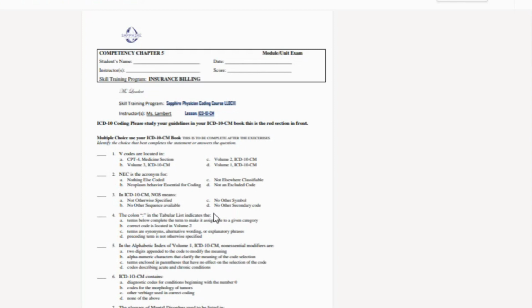Because remember when I was telling y'all that inside this book, I think it's chapter 12 and 13. So in chapter 12 and chapter 13, this is where this is from. Okay. So, I mean, you're going to need your ICD-10 book. Yeah, but this is from your study that you did in here.